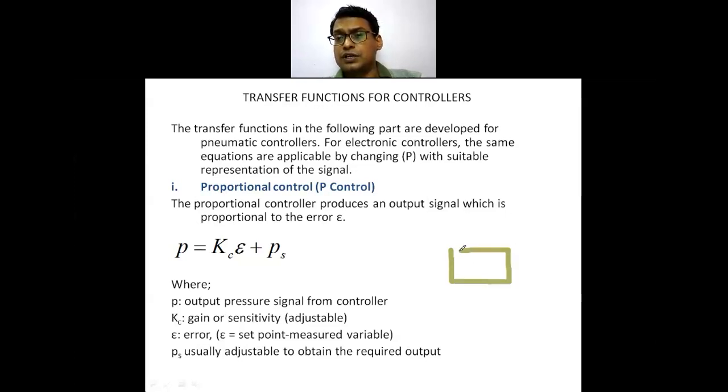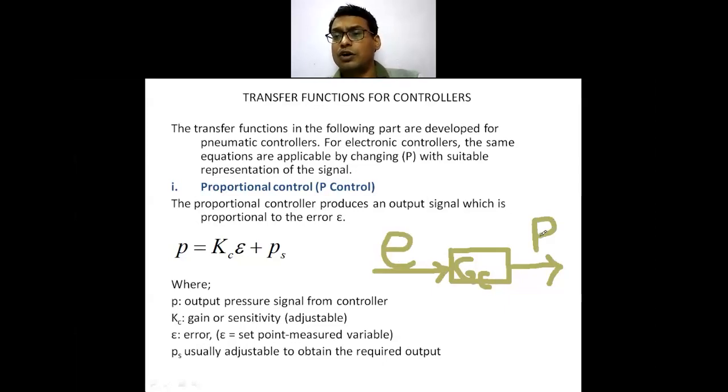So this is the GC of a controller, and its output that is there, and there is one input. What is there in the input for a controller? E, that is there for the input controller, and P, that is your pneumatic pressure.